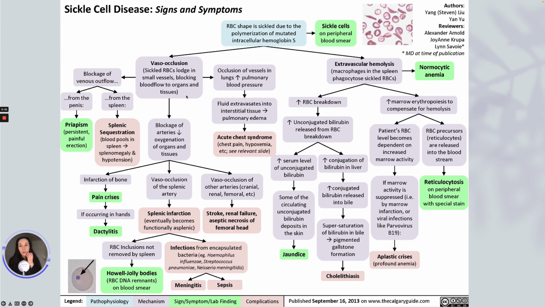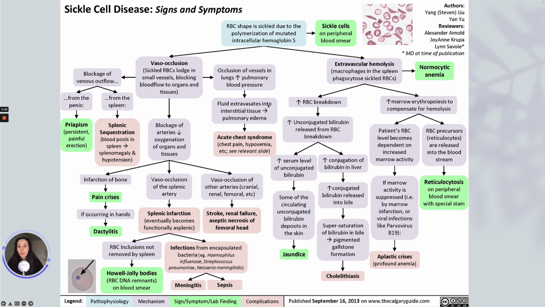The sickled red blood cells lodge in the small vessels and block blood flow to the organs and tissues, which causes a blockage of venous outflow, then a blockage of arteries with decreased oxygen to the organs and tissues, and also occlusions of vessels in the lungs and increased pulmonary blood pressure, which is going to lead to all these different signs and symptoms.